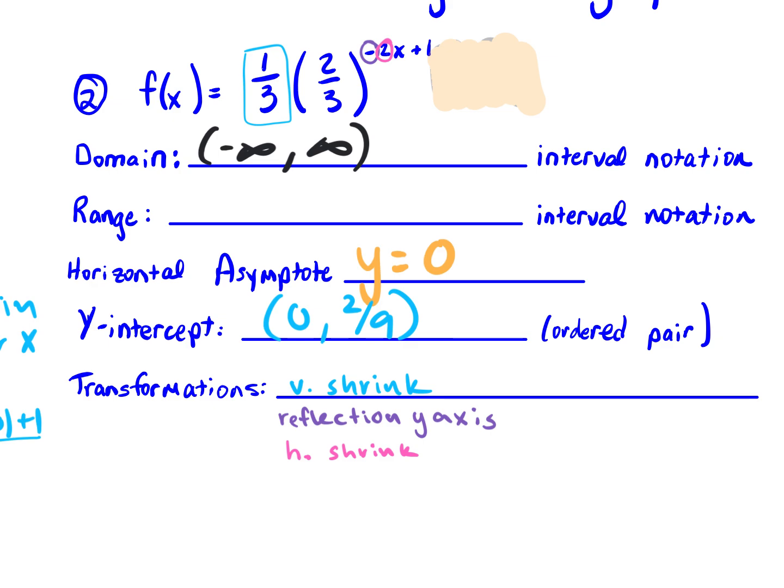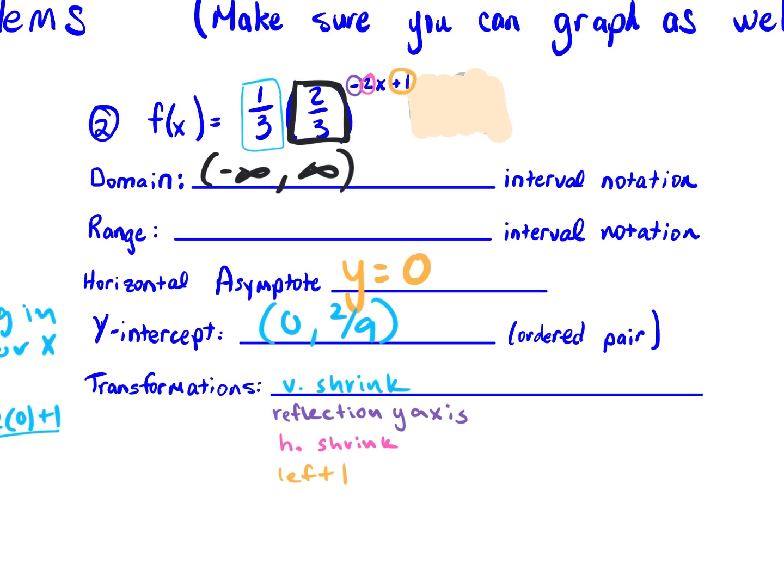And then if we add 1 inside, which way does that move our graph? Left 1. Remember, our base is not a transformation, but our base does tell us if we have exponential growth or decay. Would this be exponential growth or decay here?